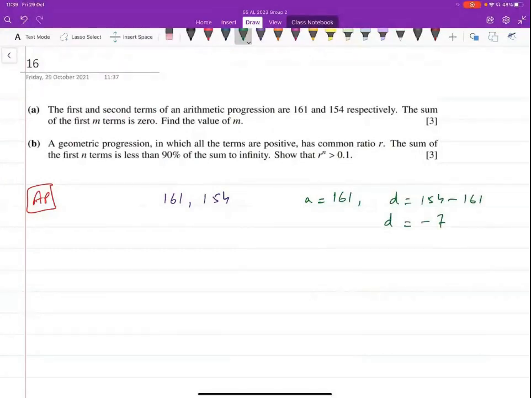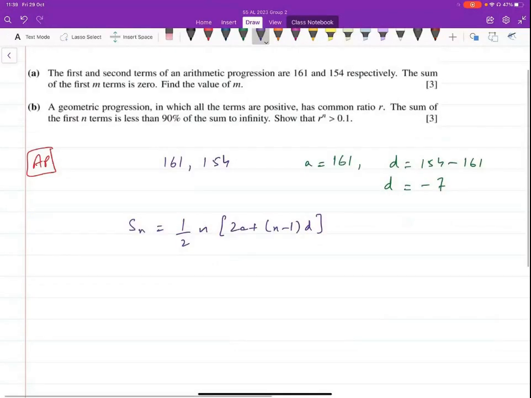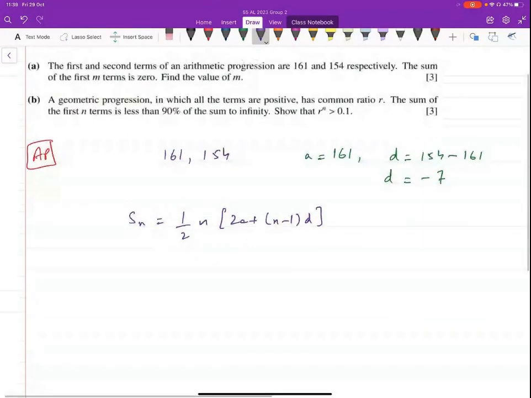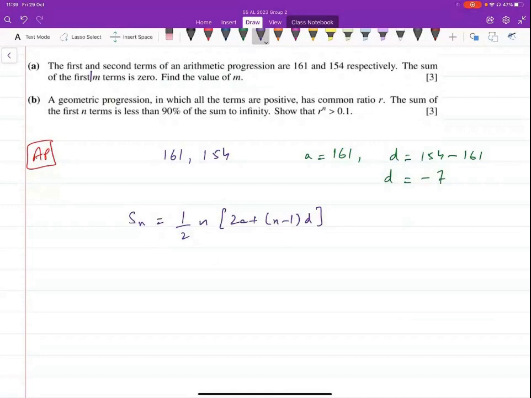Now we're given the sum of the first m terms is 0. Sum formula क्या होता है हमारे पास? We know that Sn is equal to half n into 2a plus n minus 1 times the difference. We cannot use the other formula because we do not have the last term given. तो अगर हम n की जगह m डाल दें, तो हमारे पास sum क्या आता है यहाँ पे?